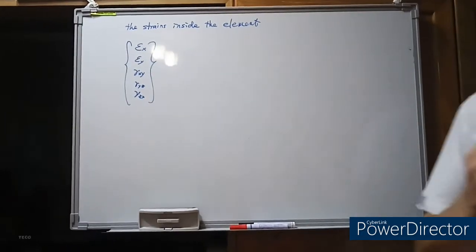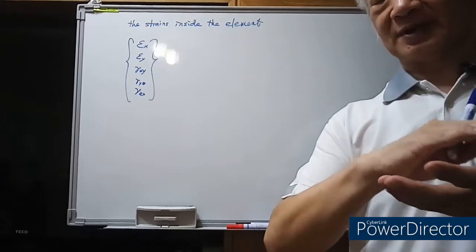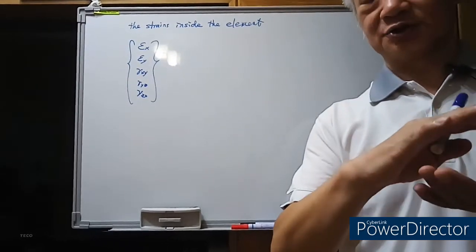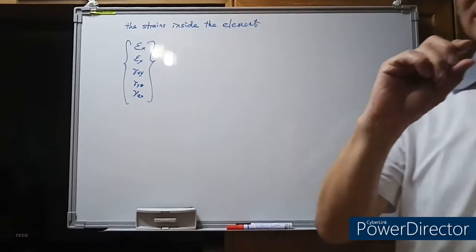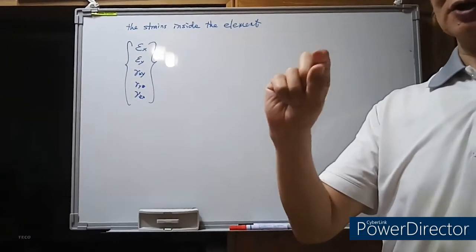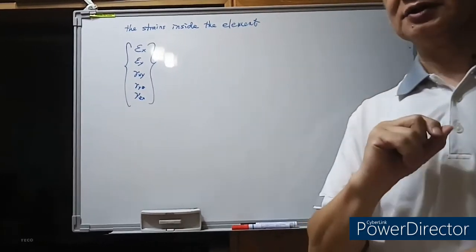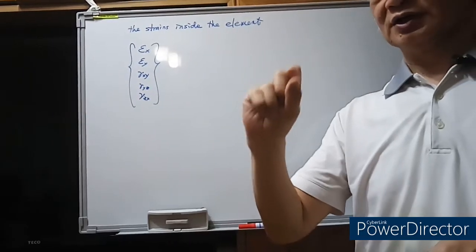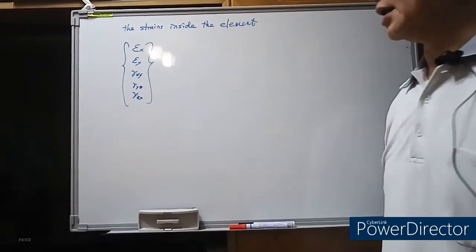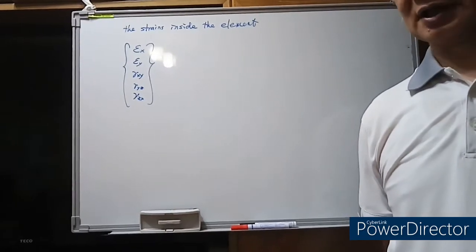The only missing will be the epsilon z. Since the plate bending element, the geometry character for the plate bending element, it is still a thin plate. So the thickness of the plate is a relatively small dimension. So the normal strain along these small dimensions can be neglected.